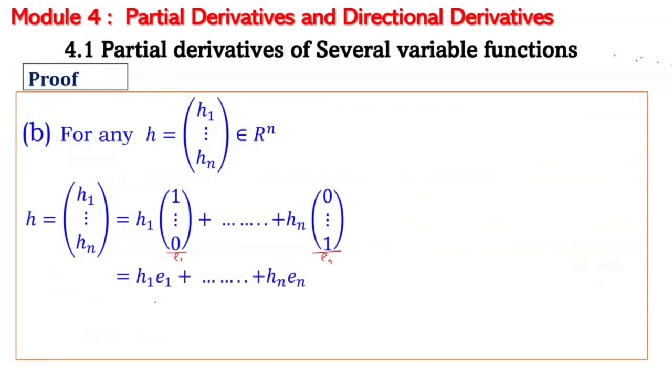So we can write it like this, h1 e1 plus hn en. So this can be written as the sum from k equal 1 to n of hk ek. This form of h is going to help us prove our theorem.